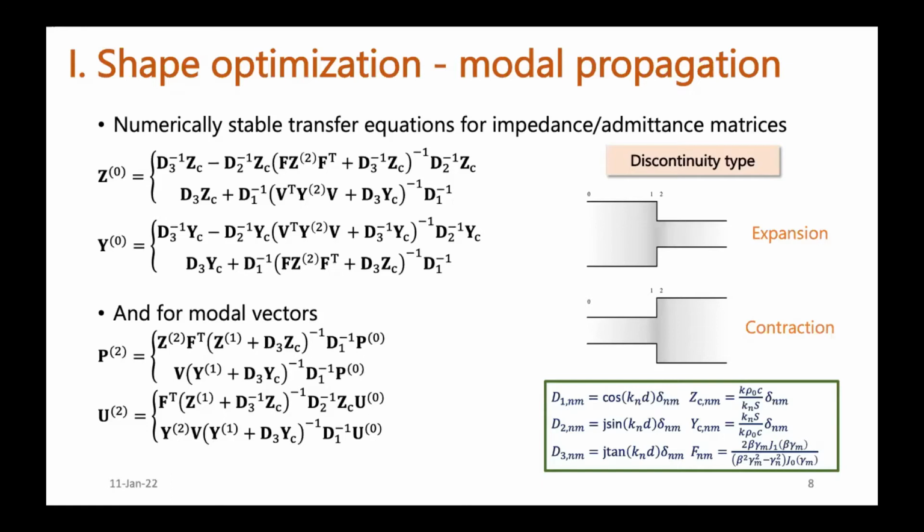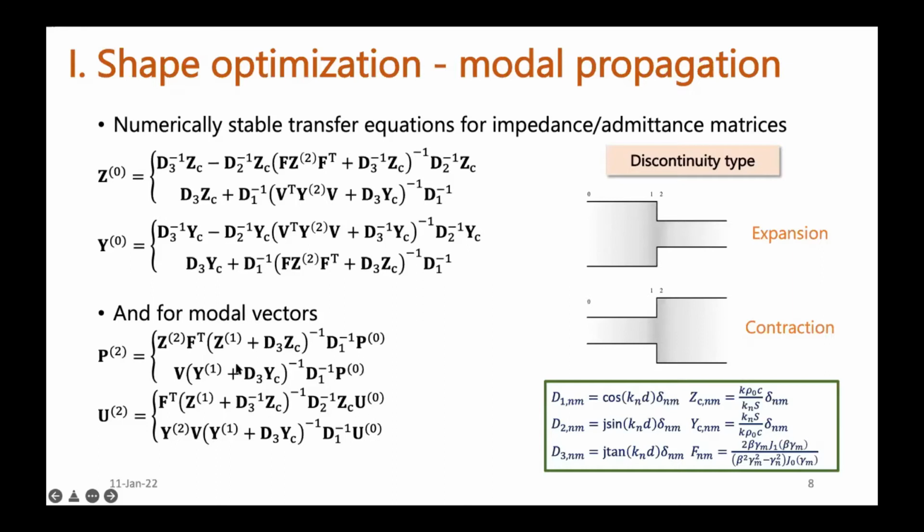So we should consider all the cases. And to give another example, if we have a contraction followed by an expansion, in this case, we should use the last equation to propagate the impedance at 2 to the admittance at 0.